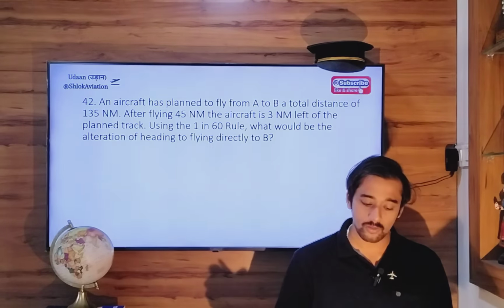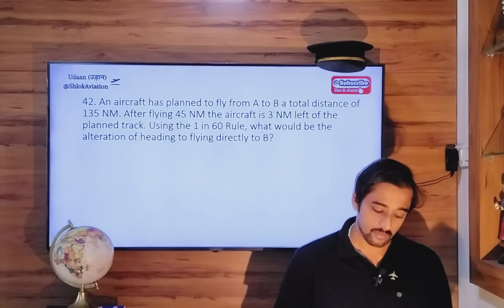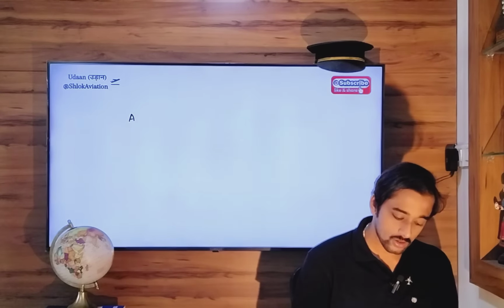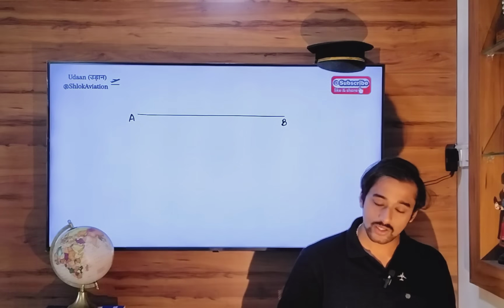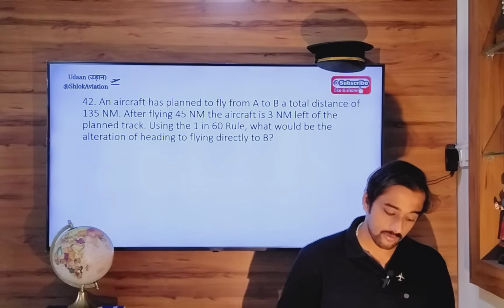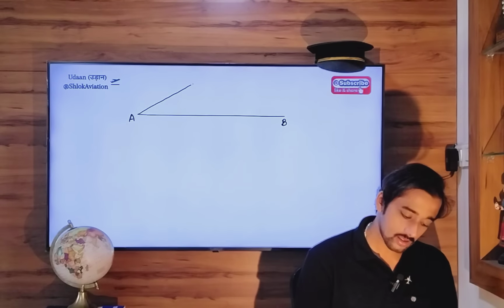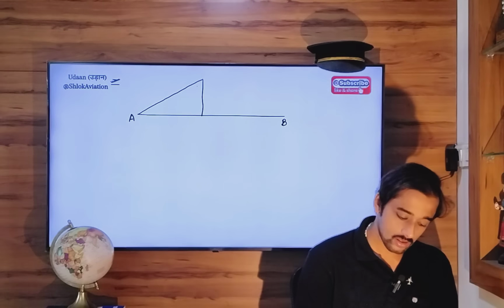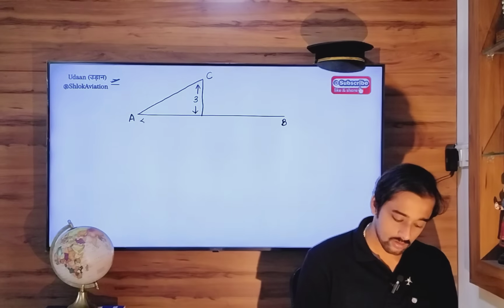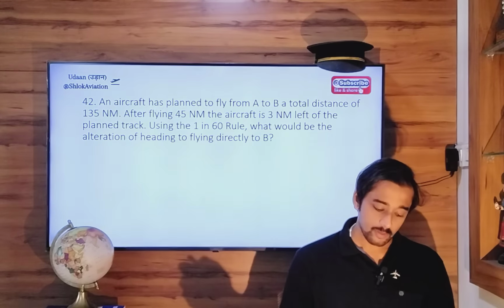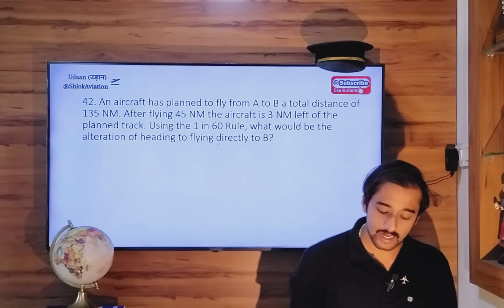Aircraft has planned to fly from A to B, a distance of 135 miles. So A to B, a total distance of 135. After flying 45, the aircraft is 3 miles left. Next, using 1 in 60 rule, what would be the alteration of heading to fly directly to B?